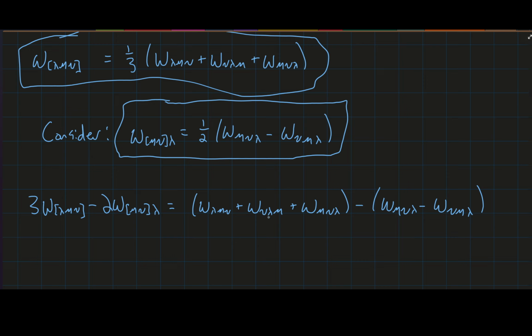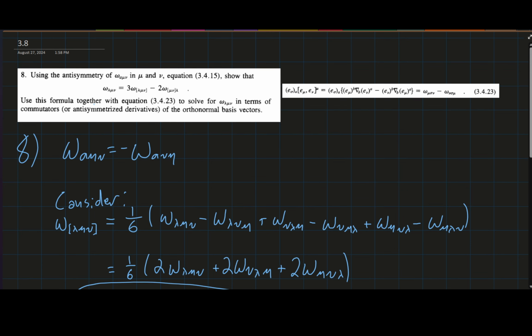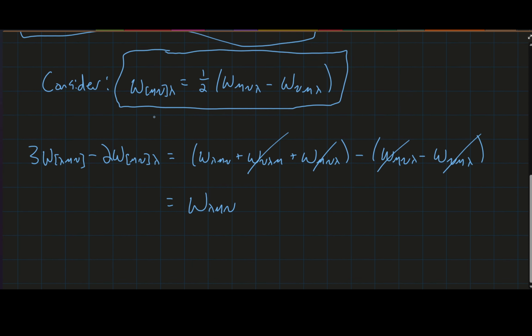We'll notice here we have nu lambda mu, and these minus signs are going to cancel with nu mu lambda, so the anti-symmetry property will make this term cancel with this term. These terms are already the same, so we see directly that they cancel, and we get omega lambda mu nu as a result. Let's make sure that's what we were trying to show. Lambda mu nu, yeah, it is. So that's the first part.